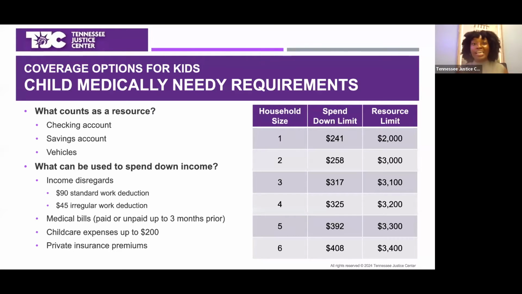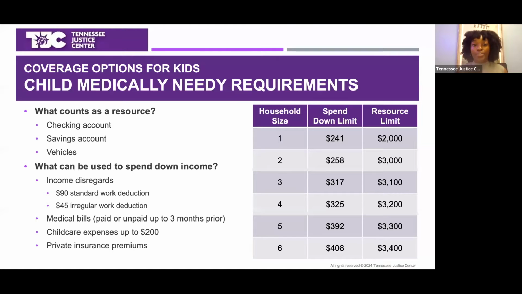For example, if it's a household where income really fluctuates, there could be a $45 irregular work deduction. Once all of those deductions are applied, TennCare will check again if the household income is below the spend down limit. If it's not, then the household is going to have to reduce their income through a process known as spend down.